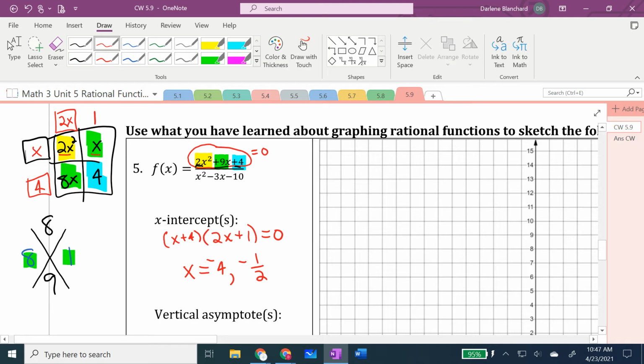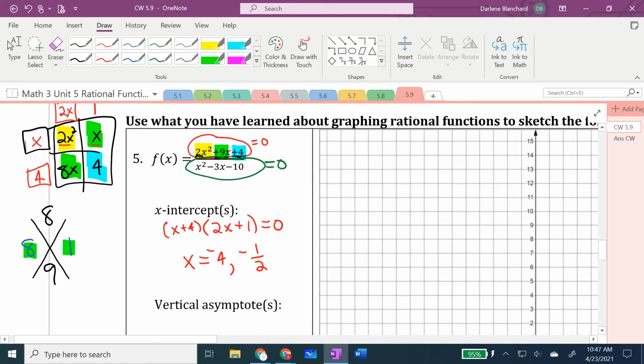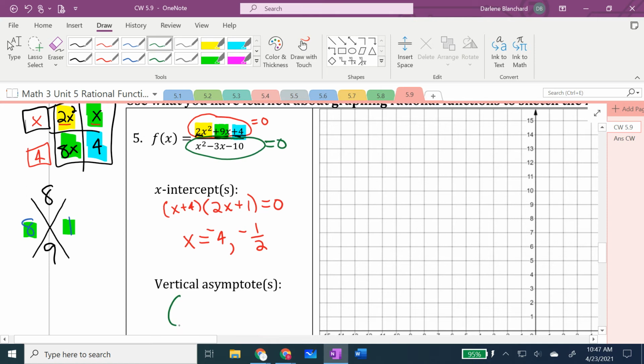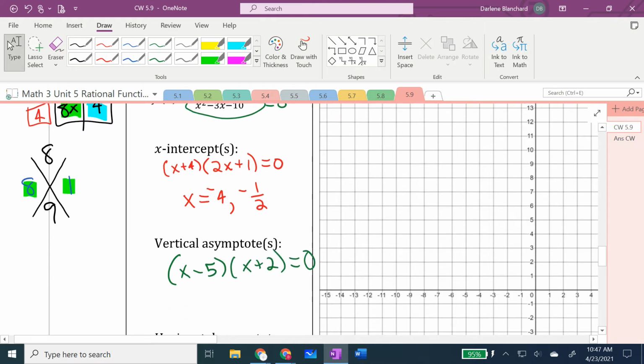Okay, vertical asymptote. For vertical asymptote, I'm looking at what makes the denominator equal to 0. So I have x minus 5 and x plus 2 when I factor. And that means my vertical asymptotes are 5 and negative 2.